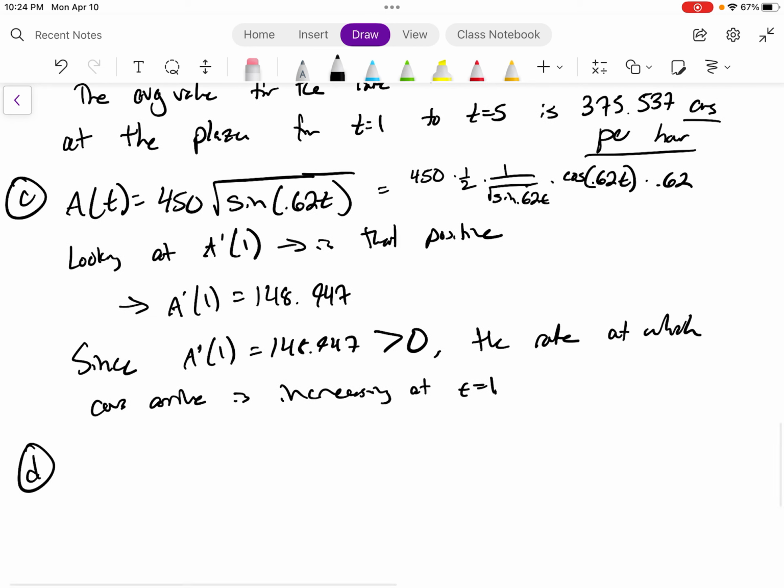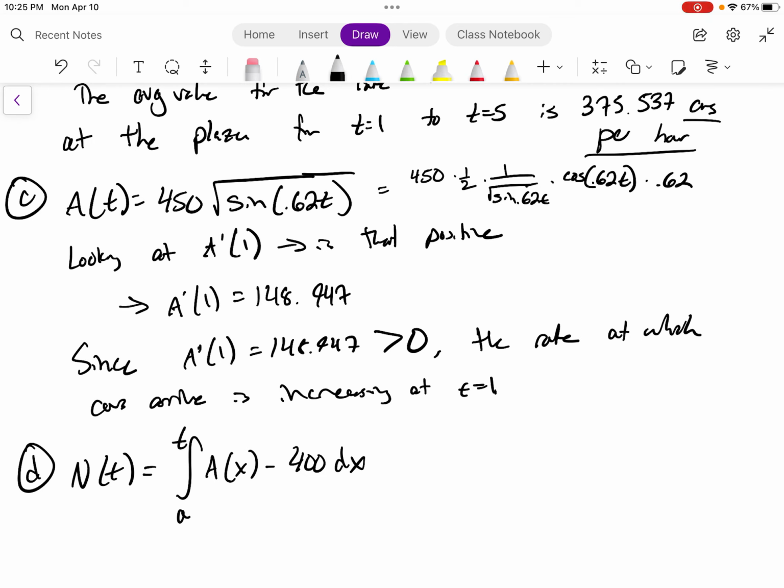Okay, and then part D. A line forms whenever A of t is greater than 400. The number of vehicles in a line is given by this function, where A is the time when the line begins to form.